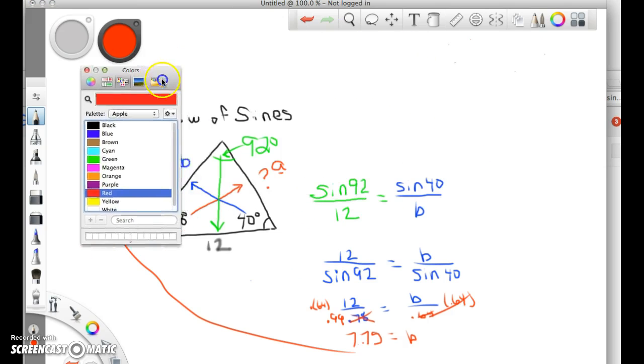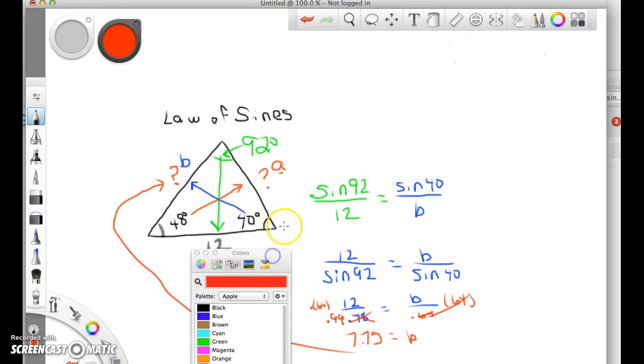And you would do the same to find out A. So let's do A a little more clearly here. We do the same proportions. Let's start with the A on top instead, so we can skip a step. We'll use red for this one.